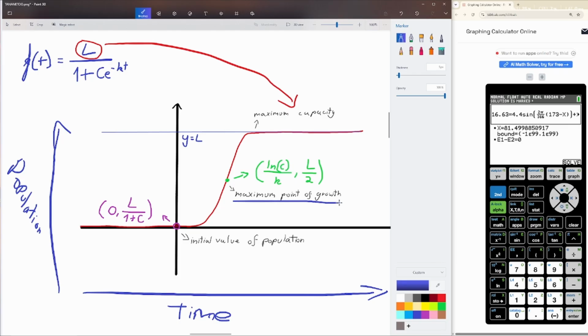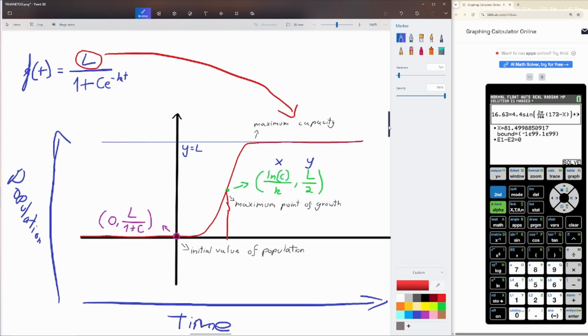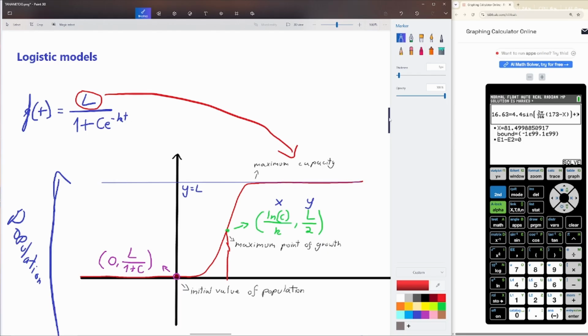Some papers can ask you this, and this is not as important, but I suggest you write it down in your notebook. It is the natural logarithm of C divided by K is the X point, and the Y point is just L divided by 2. Because obviously this is just in the middle, and then it's the natural logarithm of C and K to find the X point. And I think I will do an exam question or small exercise from the exams for a logistic model as well to make sure you understand.